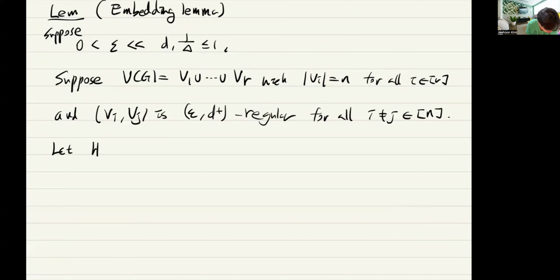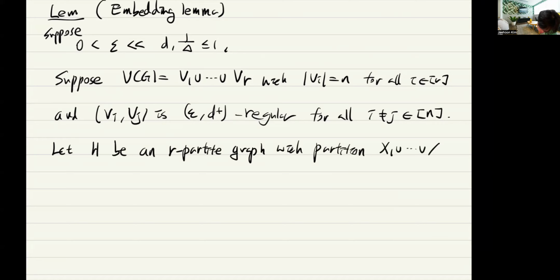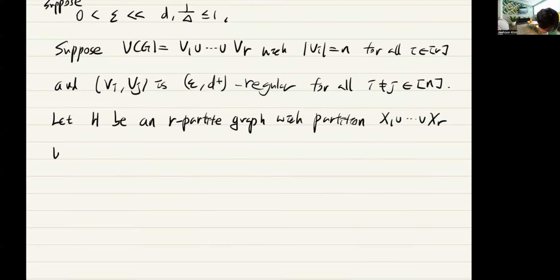And let's say you consider H, let H be an r-partite graph with partition x1 to xr with maximum degree at most delta, and each xi is at most epsilon n.